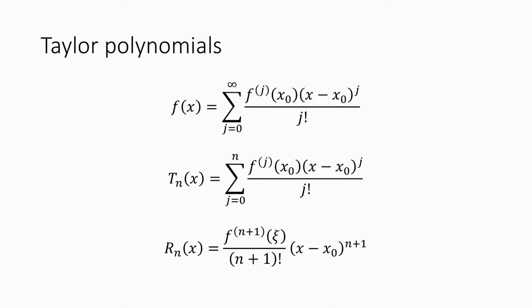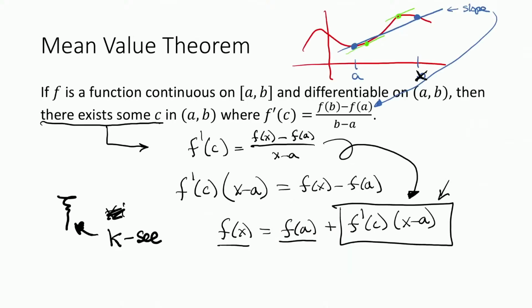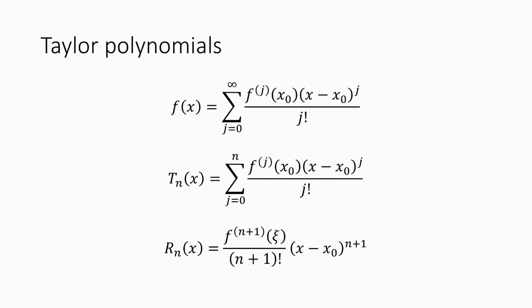Okay, so let me explain where this came from. Back here, this is one way of approximating how far f of a is from f of x. Here, this is the way we approximate how far this is from f of x. So how far are these apart? Well, this is what we're going to use. Notice, this is just the next term of the Taylor polynomial, but it's evaluated at this thing here.